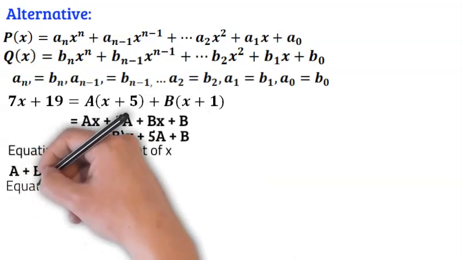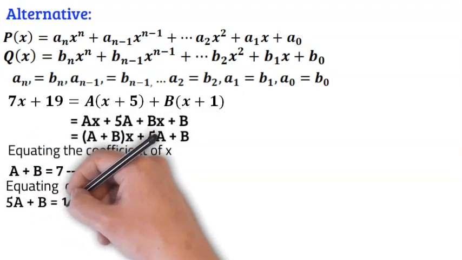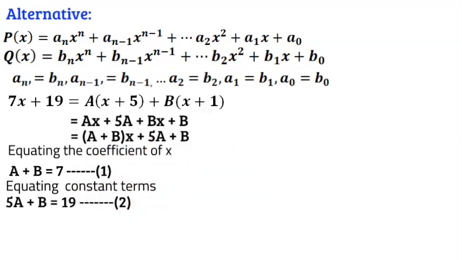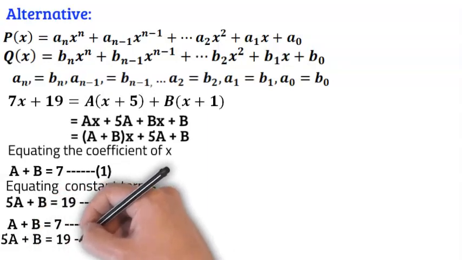That's our equation 1. Equating the constant terms, we have 5A + B equals 19. That's equation 2. Now, solving equation 1 and equation 2 simultaneously.